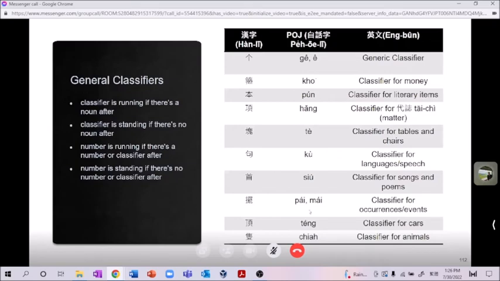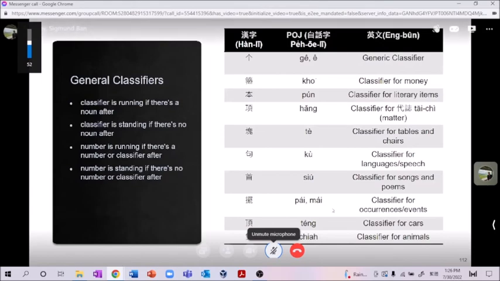Pai or mai is the classifier for occurrences, events, or instances. Some people use dialectal differences. Here in the Philippines, some people use mai and some people use pai. Then there's tiang or teng, also a dialectal difference. This is the classifier for cars. And then tia is the classifier for animals, but specifically for those animals that have legs, or mammals like that.